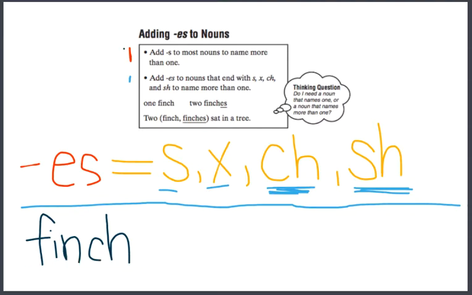But finch, you can hear it, has that ch, the CH in it. That means that when we are going to make it a plural noun, we will need to follow the rule and add an ES. So, two finches sat in a tree.